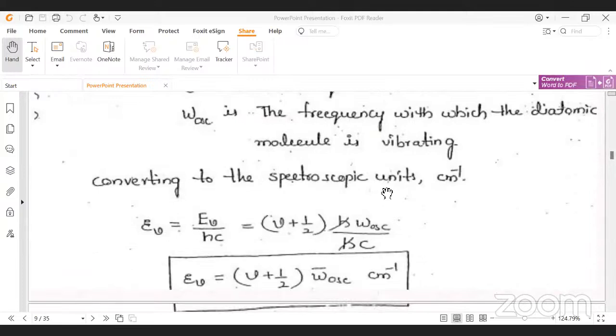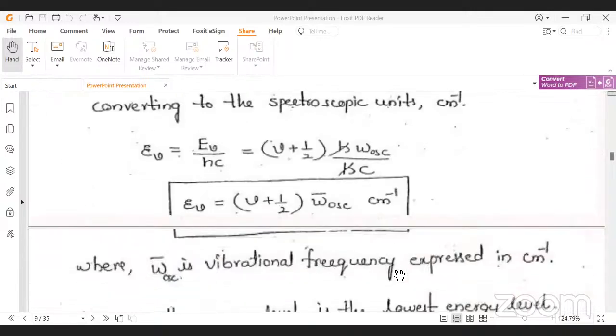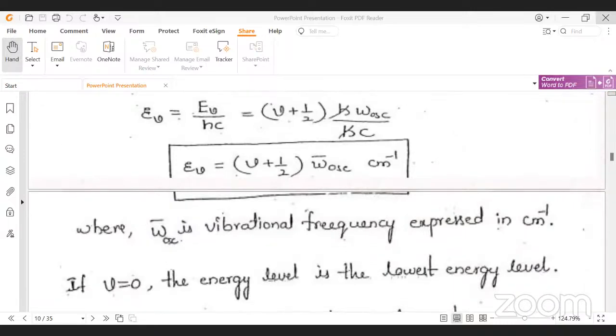Converting to spectroscopic units in centimeters, E by hc is equal to (v plus 1 by 2) h ω oscillation by hc. The h's cancel, so E equals (v plus 1 by 2) ω bar oscillation in centimeters. This is the final equation of the energy.